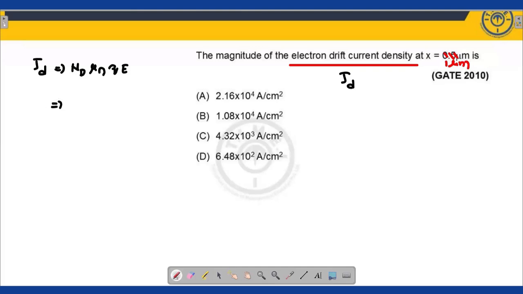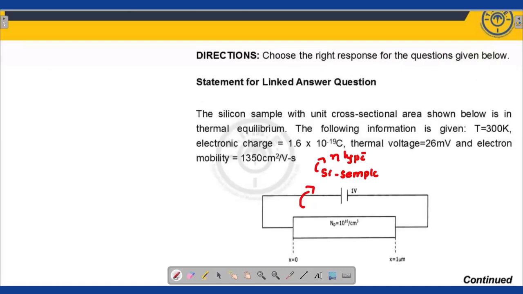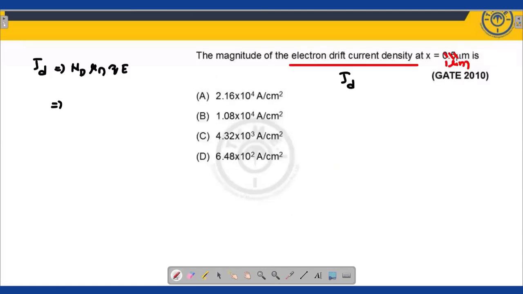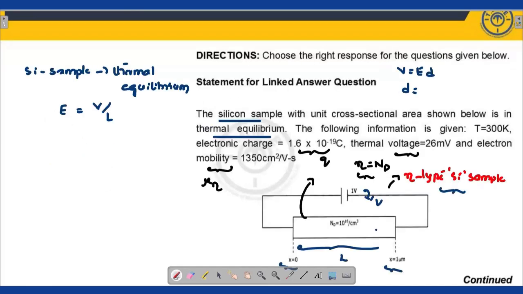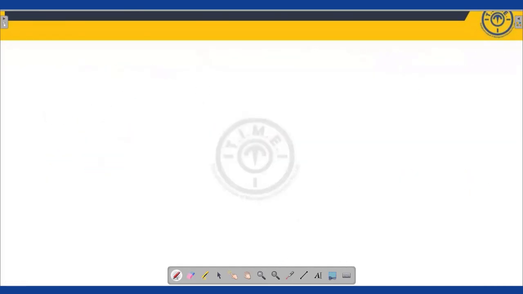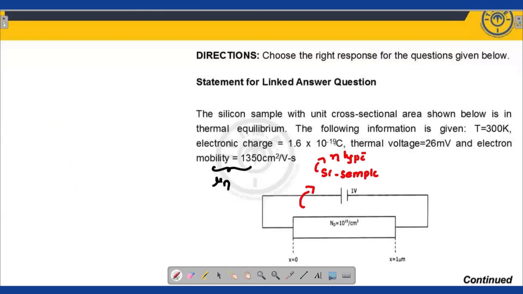See here, if I am going for all the values, I told you the value, electron mobility, this is mu N. Next, as he has given the ND value, yes, ND value here, see in the diagram, it is ND over here.